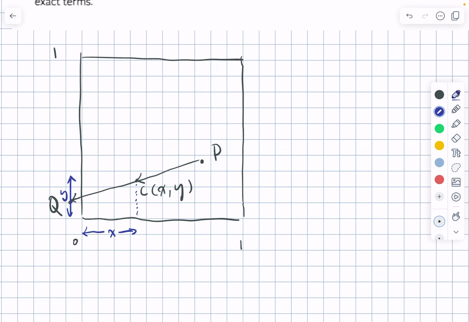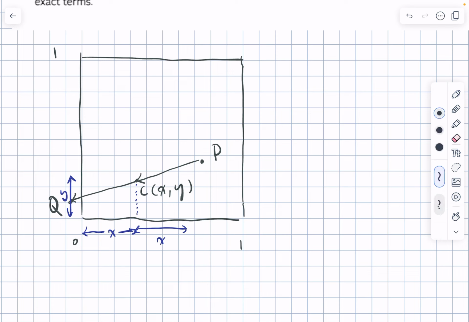How do we determine it's too large? Well, it's larger than 2 times x. This distance is also x, but P is actually outside of this. This is P's x. That's why it leads to a point Q, when mirrored across C, to be on the negative side of the x-axis, or to be off the square.